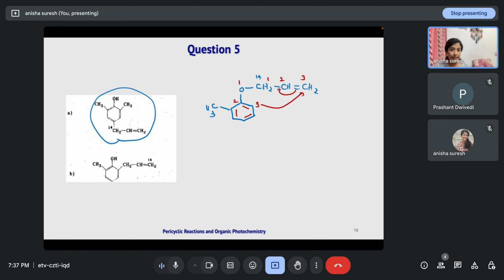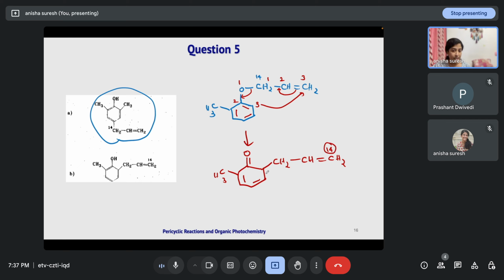So a Claisen rearrangement is taking place in this fashion, giving the final product like this, CH3. So CH2 is coming, CH double bond CH2, and this is the labeled carbon.